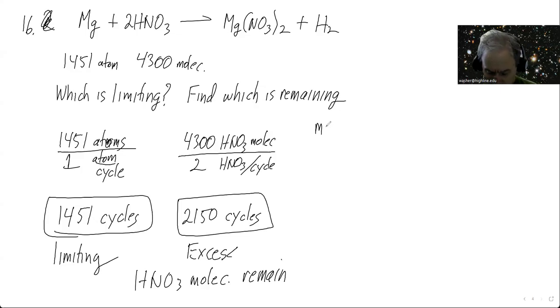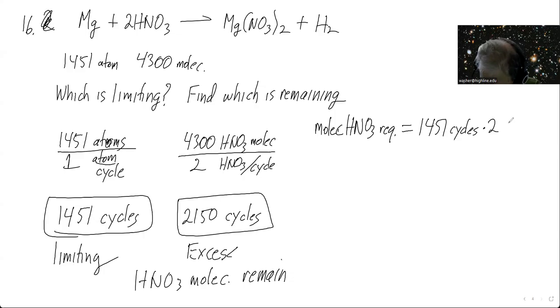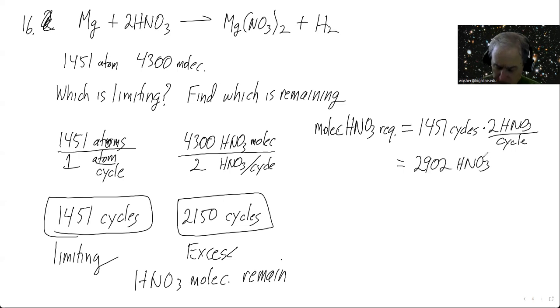So the molecules of HNO3 required is going to equal 1451 cycles times 2 HNO3 per cycle, which is 2902 HNO3.